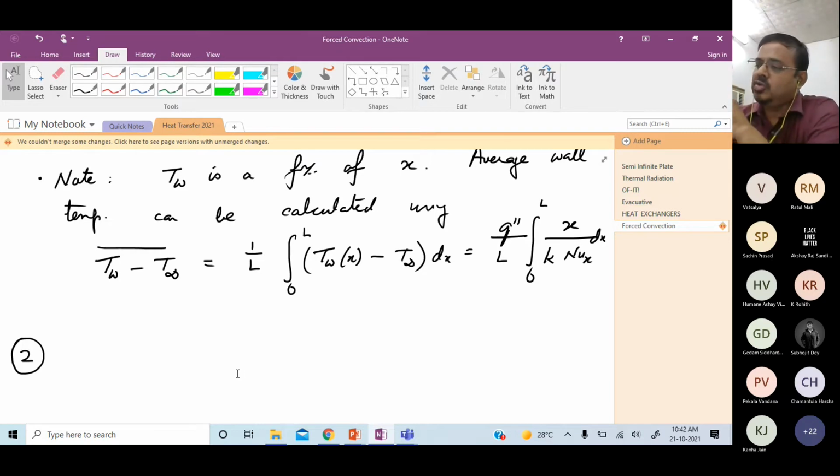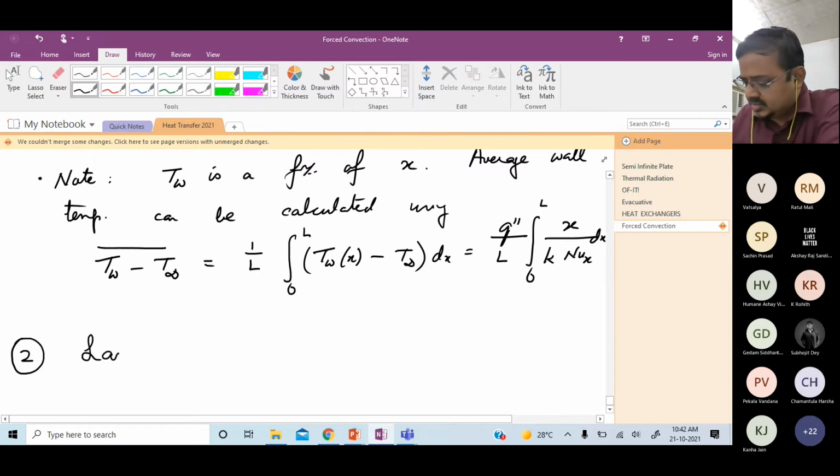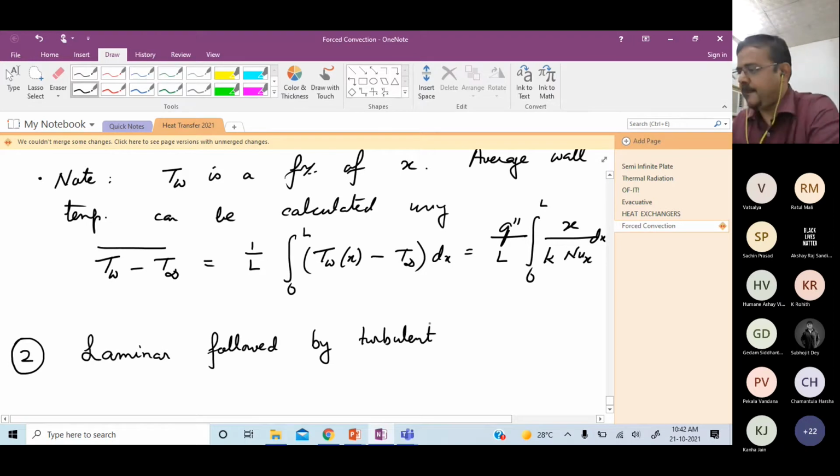In case of flow over a flat plate, the flow is typically laminar followed by turbulent. Okay. So this is important to note that unless otherwise stated, flow over a flat plate is typically laminar followed by turbulent.